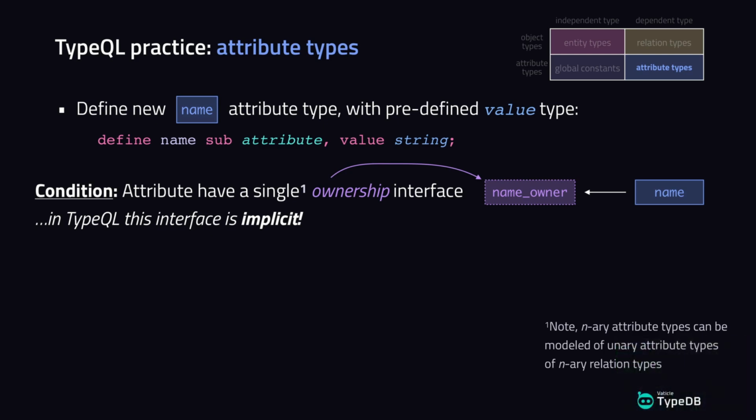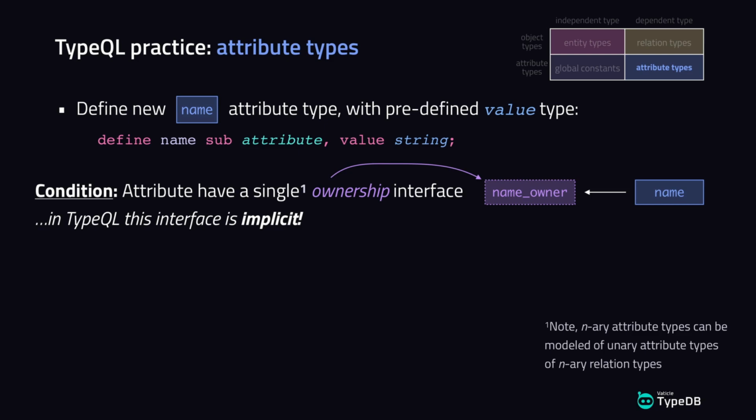There's a little footnote which explains why it's a good idea to actually have attributes only depend on a single interface, and that has to do with the fact that if attributes had multiple interfaces, then we could also model that using a relation with multiple interfaces and then an attribute that depends on that relation.